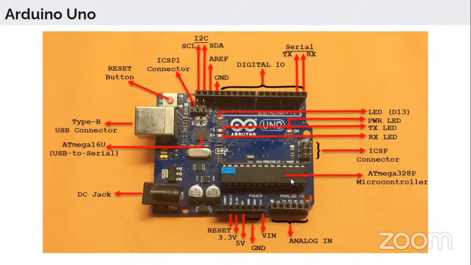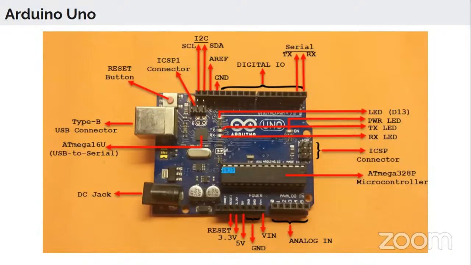Hello? Yeah. As you can see, there are analog inputs, then there are digital inputs. The input and output can be digital and analog. In Arduino, there are total 6 analog inputs.